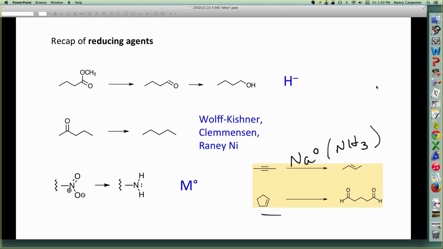And this reaction, well, it's an oxidation, obviously, but for it to end up at the aldehyde stage, you have to use a reducing workup. And one of the options was to use something like zinc as your reducing agent in the workup so that it doesn't go to the acid.